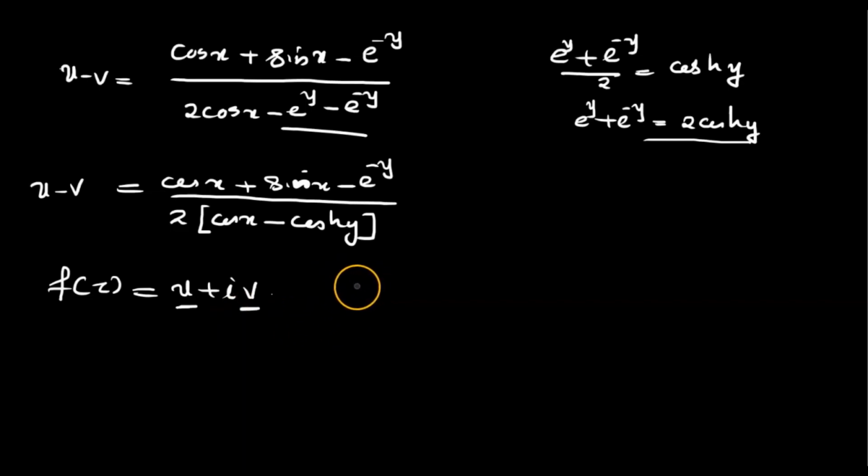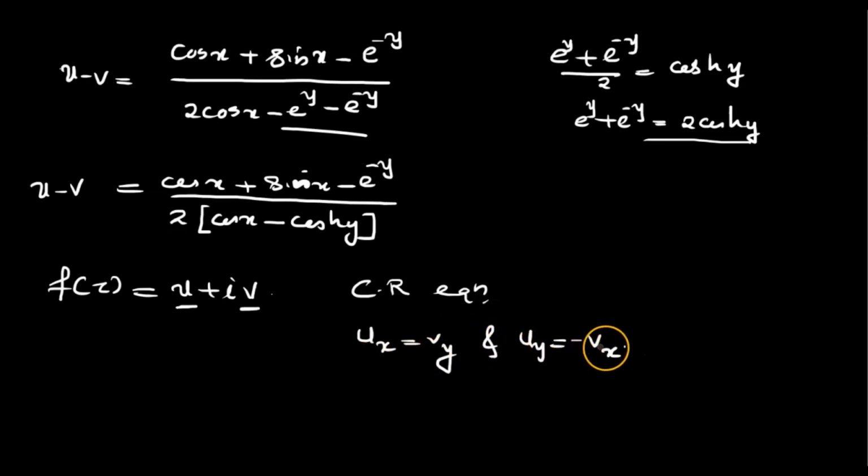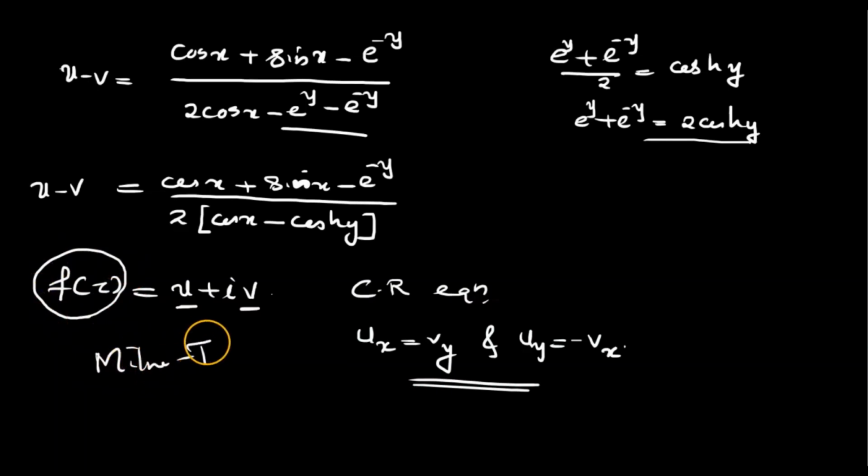To solve this problem, we use the CR equation, that means the Cauchy-Riemann equation, that is ux is equal to vy and uy is equal to minus vx. And in order to find the analytic function f(z), we use the Milne-Thomson method. So let's start solving the problem.